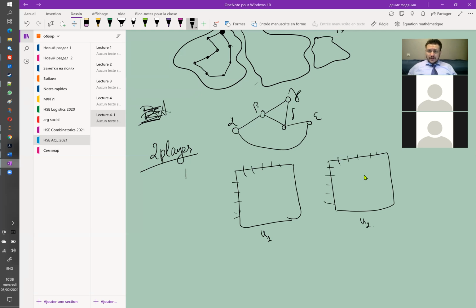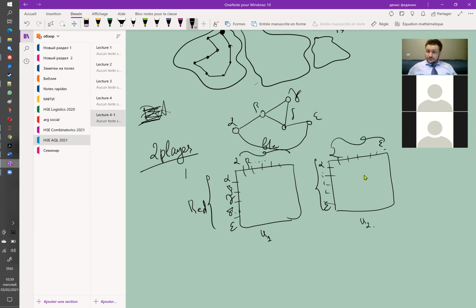A player can place his shop at point alpha, beta, gamma, delta, or epsilon, and the same for the other. This is for the red or first player, and this is for the blue or second.